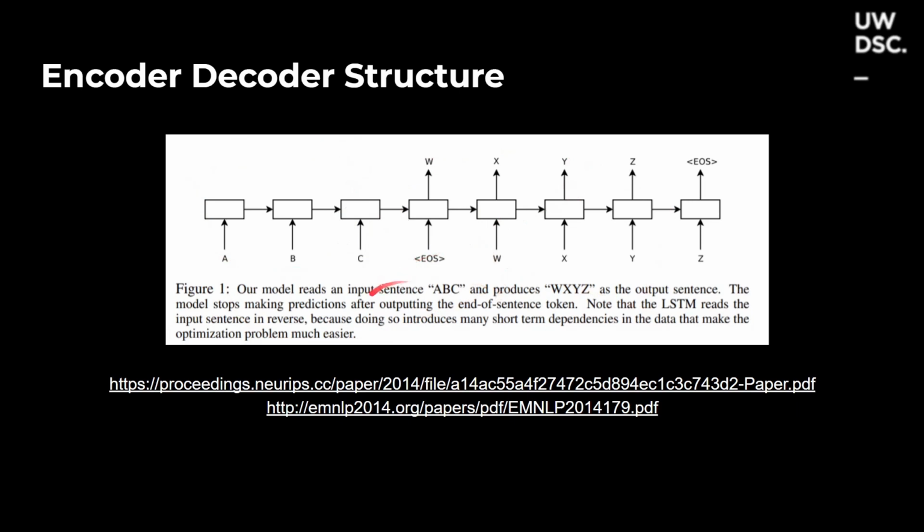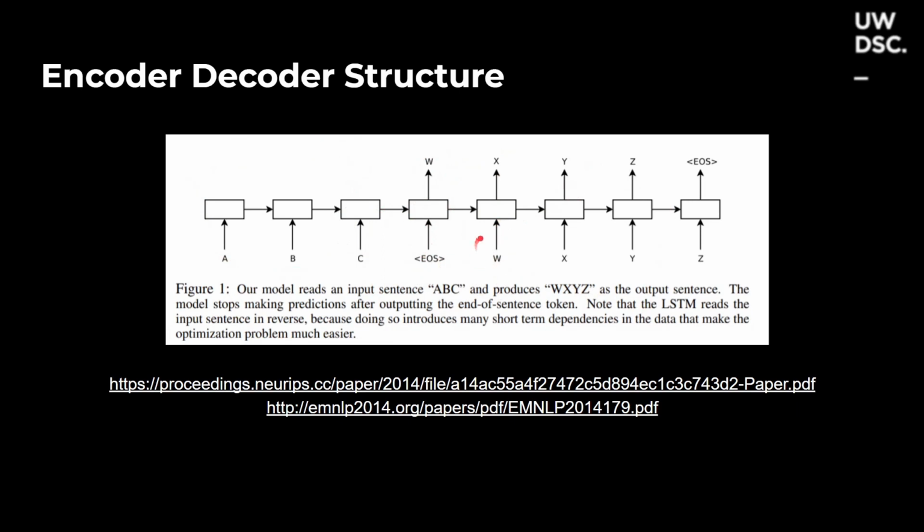So for outputs, you won't feed in anything at first. You feed in the end of sentence tag plus the previous context vector. You get the first word of the output.